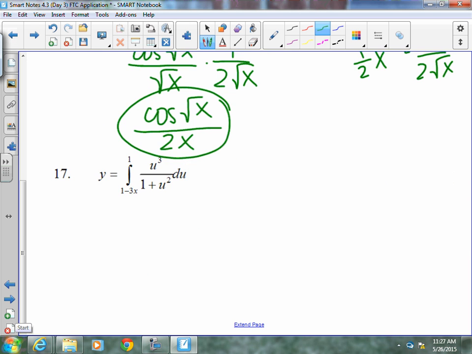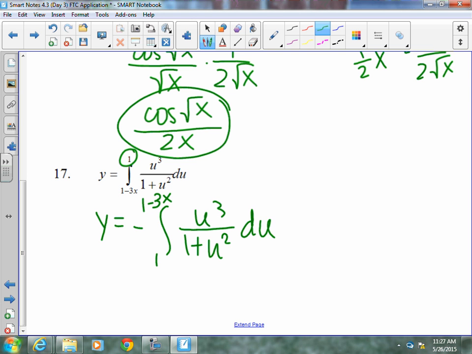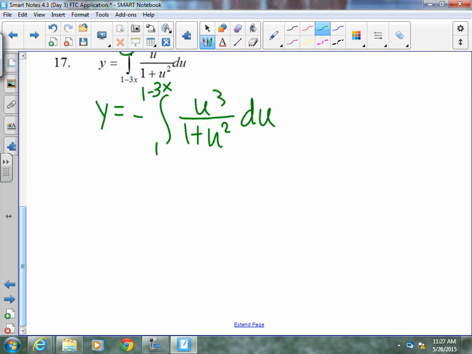This last one, if you notice right off the bat, our constant's at the top. That's no good. So we're going to change it. Go from 1 to 1 minus 3x of u cubed over 1 plus u squared du. Keep our negative. Plug in our 1 minus 3x.